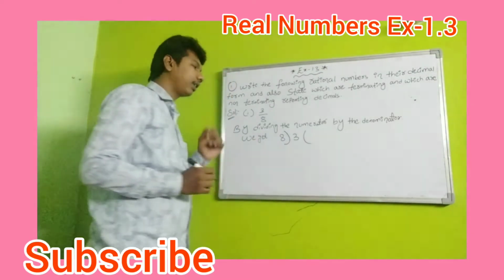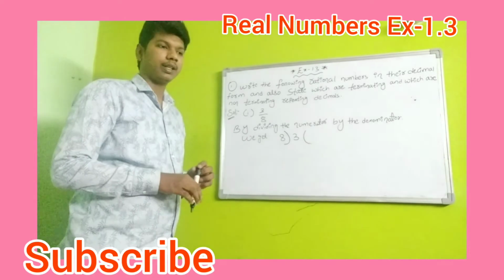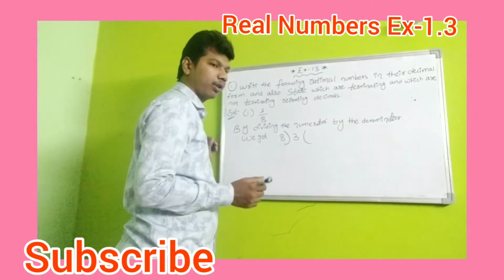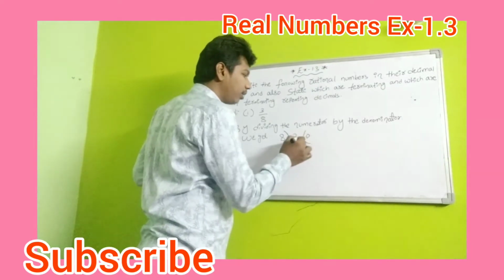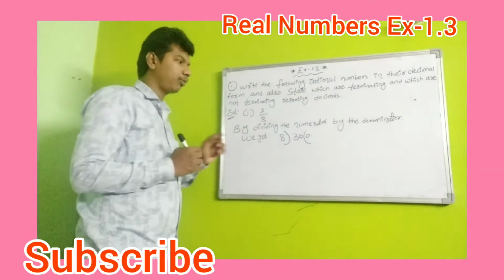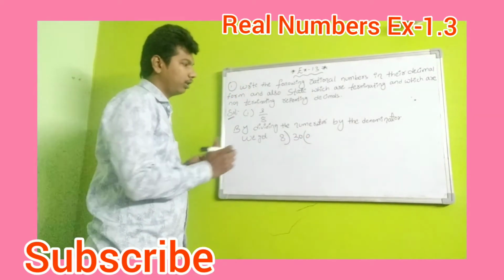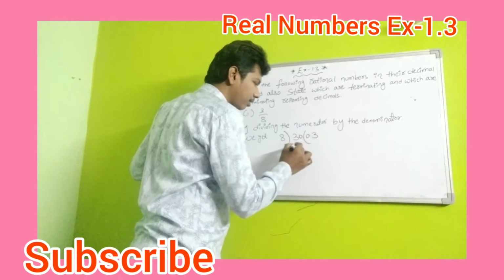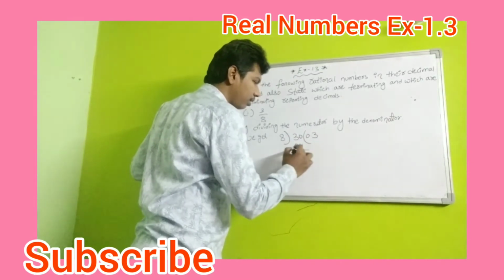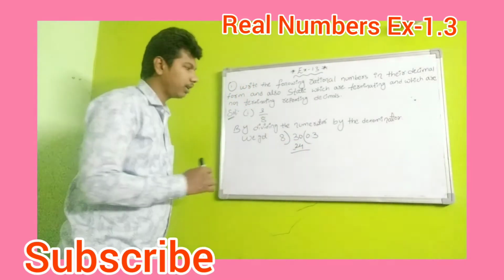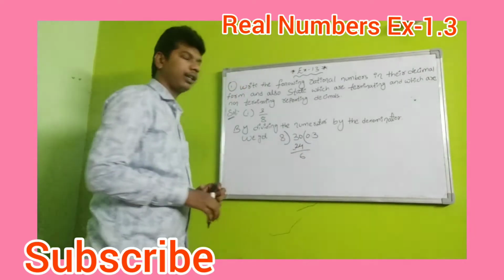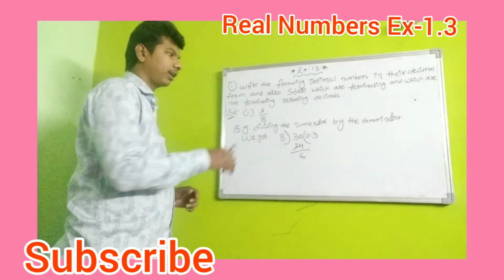Here clearly 3 is less than 8, therefore in 8 table 3 won't go. Here add 0, put the decimal point. 8 3s are 24. 30 minus 24, your answer is 6. In 8 table 6 won't go. Already I kept a point.